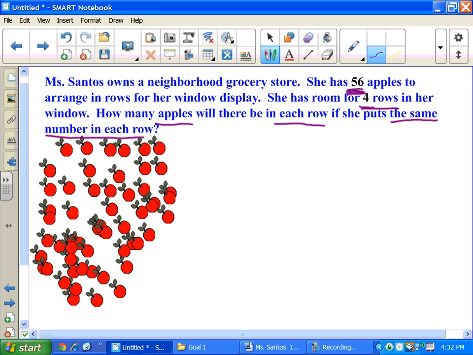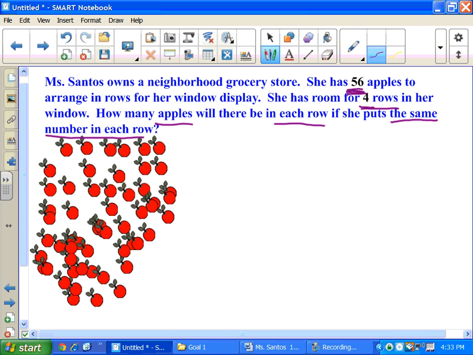Well, as you can see here, I have a bunch of apples, and there are 56 apples here. So one of the strategies that we can think about is what exactly is Miss Santos doing with those apples? Well, if she is trying to take them and split them into 4 rows, 4 equal rows, then she is trying to divide the amount of apples up into 4 equal groups, or in this case, 4 equal rows.